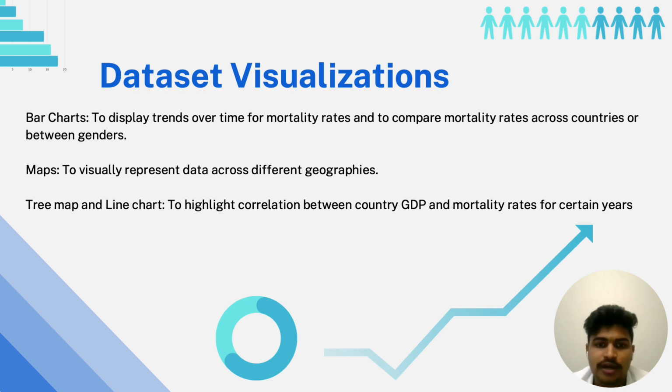Finally, we used tree maps and line charts to draw attention to the relationship between GDP and mortality rates, capturing the economic dimensions of health outcomes. These visualizations are key in making our data speak and allowing us to extract meaningful information and narratives from the numbers.